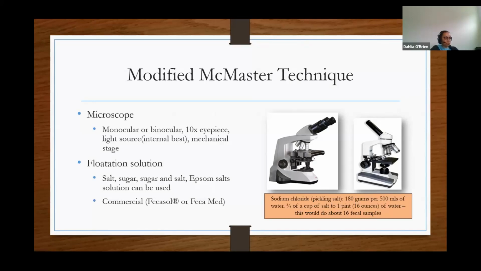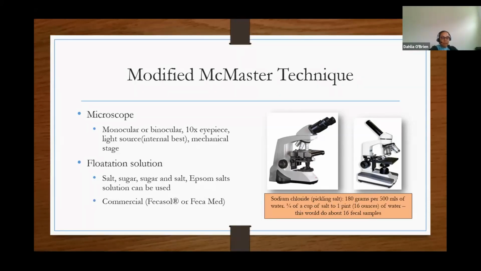Additionally, you'll need flotation solution. And this could be simply a salt or sugar and salt. You can even use Epsom salt solution, salts to make this solution. Essentially, you're just trying to make a solution that's super saturated so that the eggs will float. There are commercial flotation solutions available out there, but I find it's cheaper to make your own flotation solution at home.